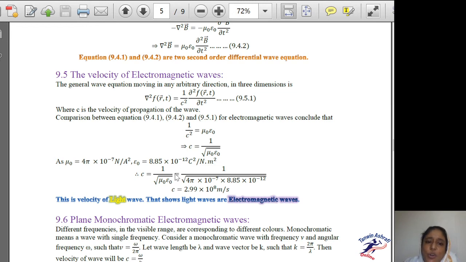As we know, mu naught and epsilon naught are both constant quantities, that is, mu naught is equal to 4 pi into 10 raised to minus 7 and epsilon naught is equal to 8.85 into 10 raised to minus 12. If we substitute these values in the above equation, the result comes around c equal to 2.9999 into 10 raised to 8 meters per second. And this is the velocity of light wave. And this shows that light waves are electromagnetic waves.